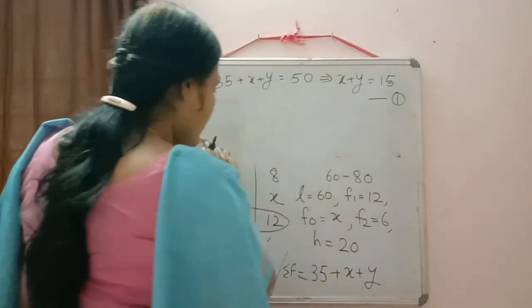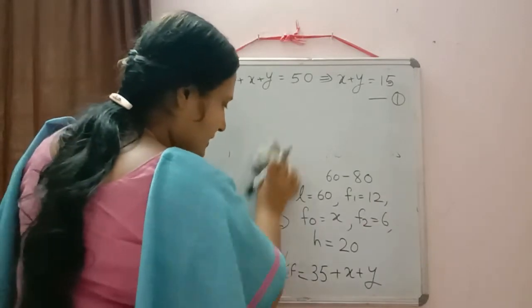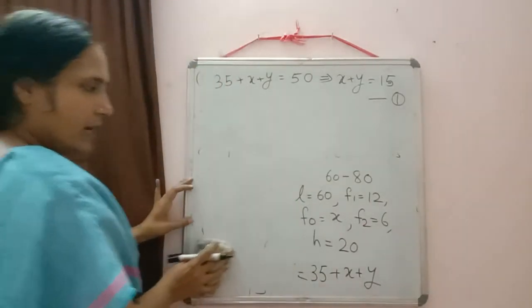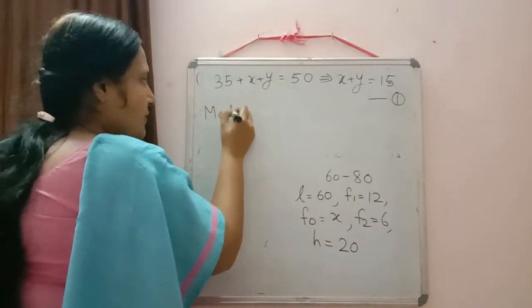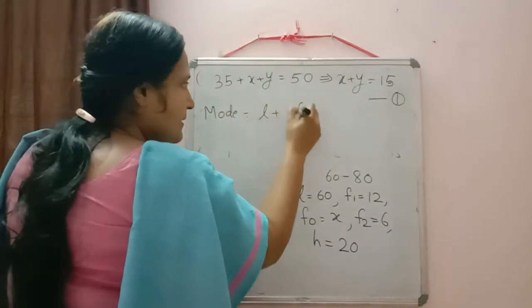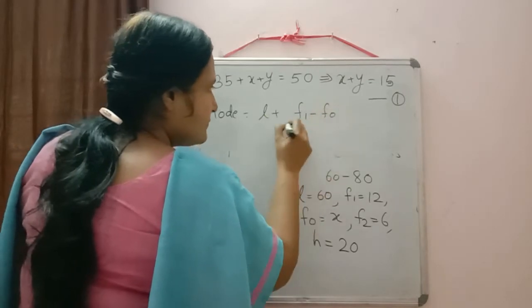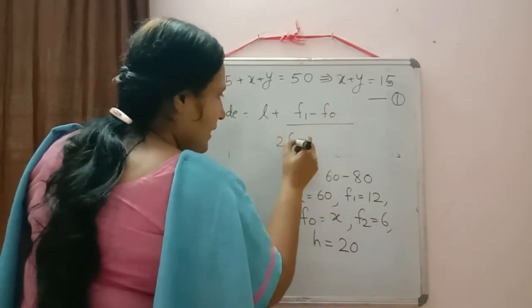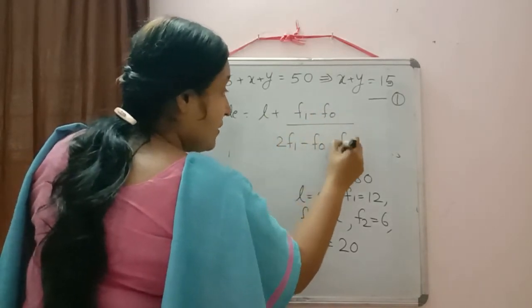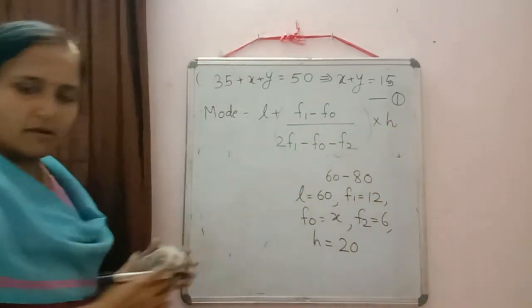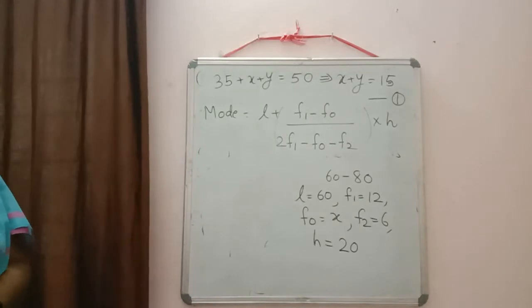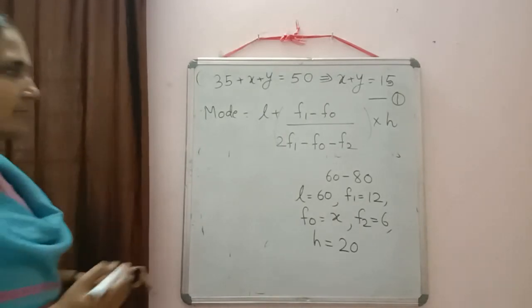Now we can check our value of mode. We will substitute in the formula. Write down mode is equal to L plus (F1 minus F0) by (2F1 minus F0 minus F2) into h. Now we can substitute the values. Mode is equal to 65.